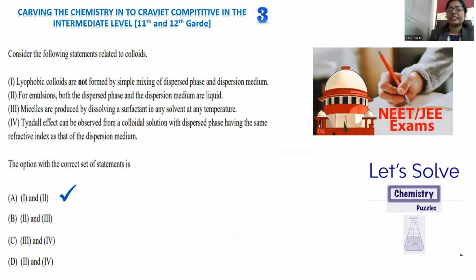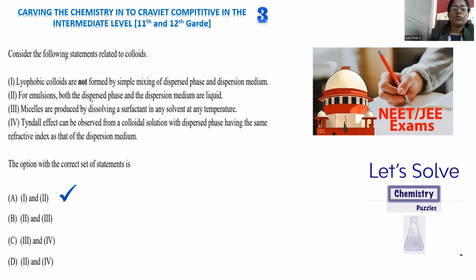This question is collected from the JEE Advanced 2023 question paper, and it is on colloidal solutions. Colloids are part of physical chemistry, and some statements are provided. We need to identify which are the correct explanations. Lyophobic colloids are not formed by simple mixing of dispersion phase and dispersion medium.